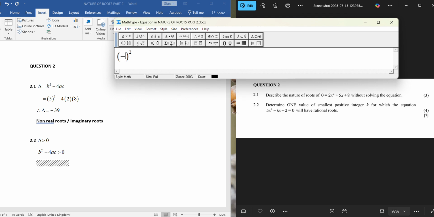Where we see b, we write negative k, which is negative k squared, minus 4, open bracket. The value of a, we go to the x squared term. Then the value of a in this case will be positive 5. Write the 5 here. Then the value of c is the constant number without an x. In this case it is negative 2. Same, it must be greater than 0.